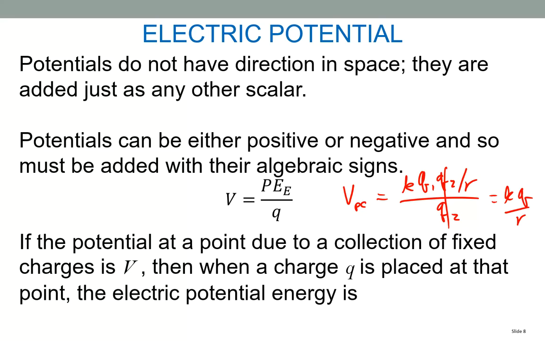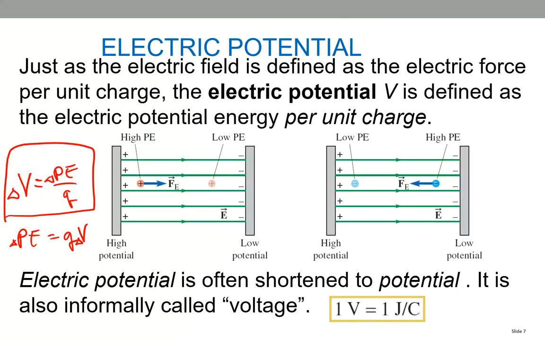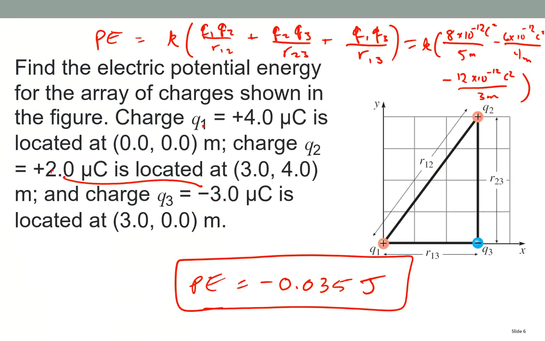So this is a scalar value, which is wonderful. I prefer scalars over vectors every day of the week. Why? Because I can just add them. I don't have to worry about the directions. So electric potentials, i.e. voltages, simply add. So if we go back to the problem we did here, if we had asked for the voltage, now the voltage has to be at a location, right?